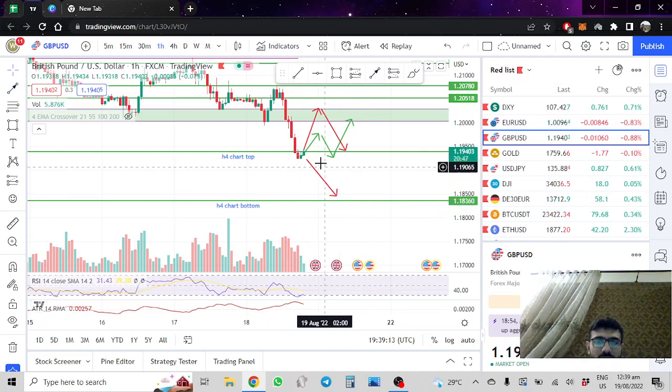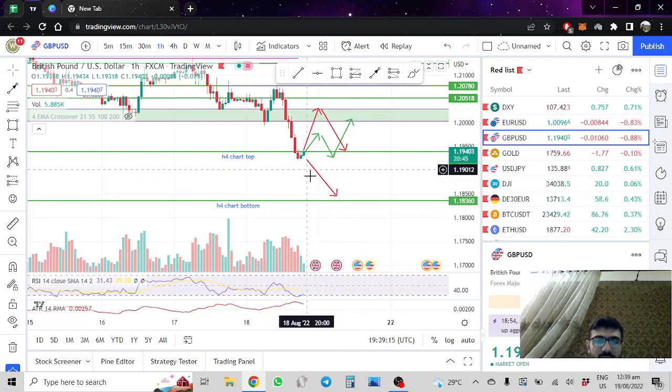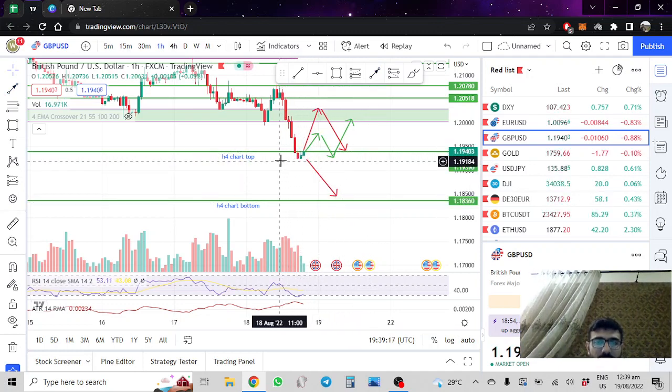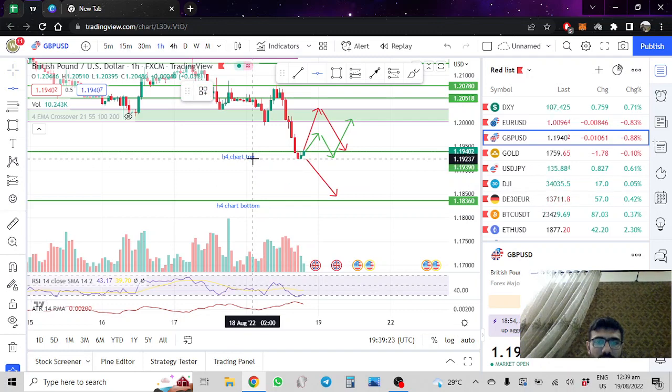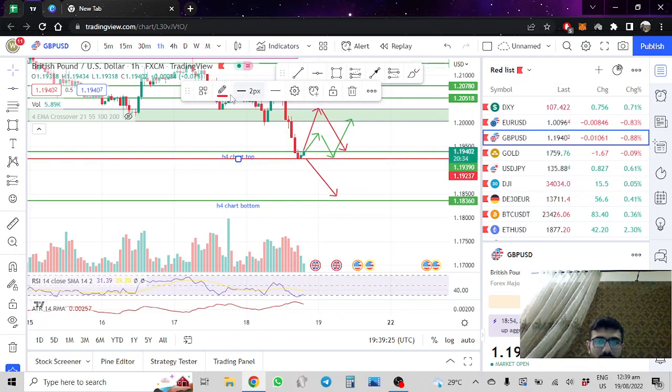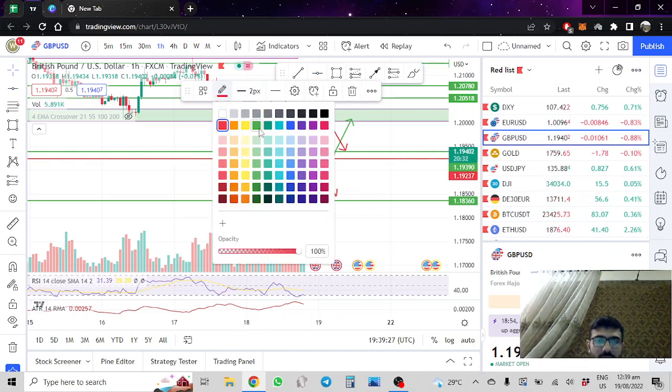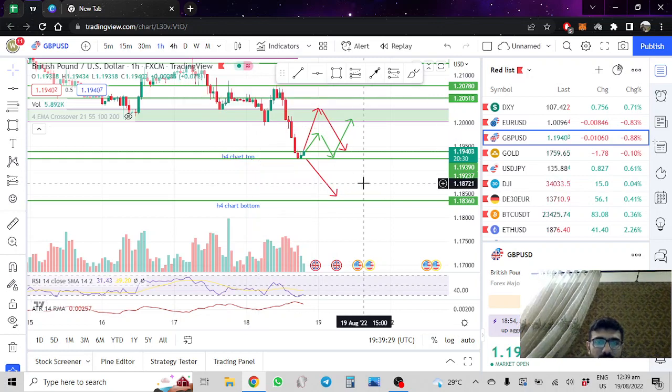This is for risky traders. If this low is broken, then you can go short. This is a critical area, a critical support now in H1. If this zone is broken, then maybe you can go short straight away.